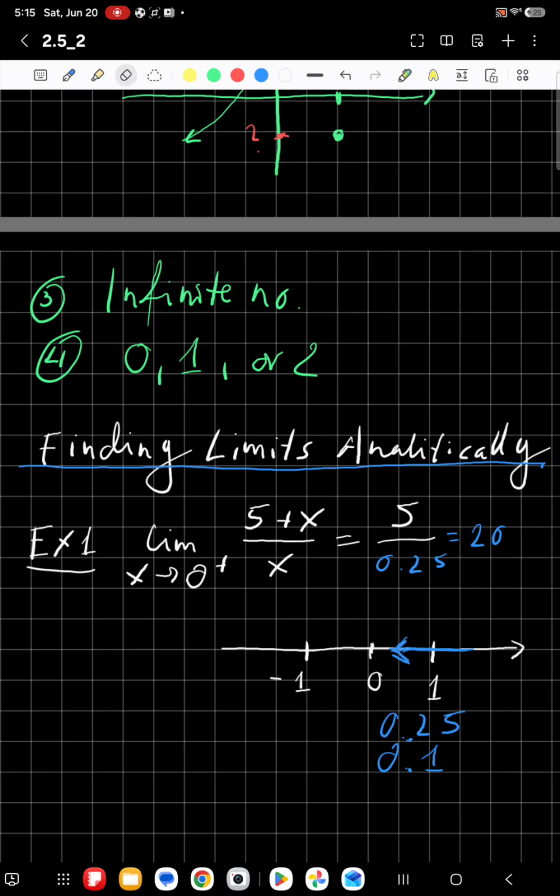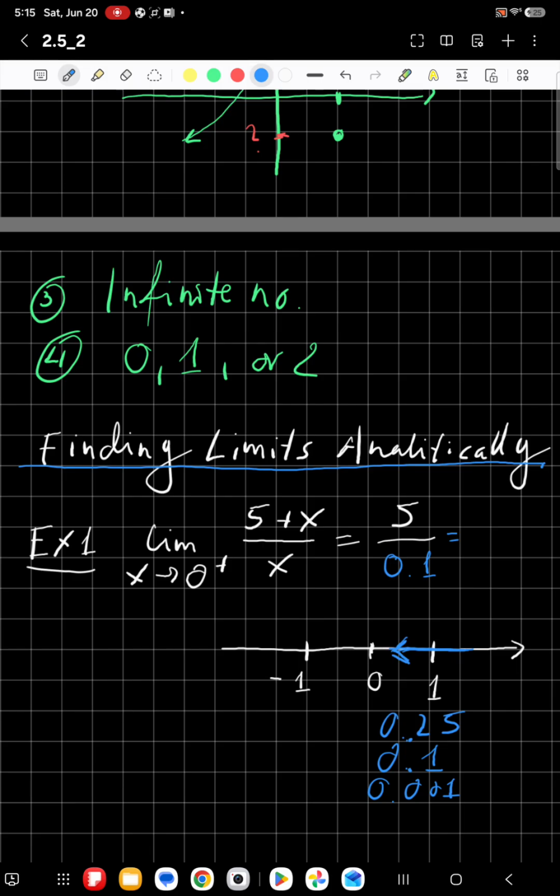All right, so I plugged in 1/4, and now I'm plugging in 0.1. And let's do one more, 0.001.